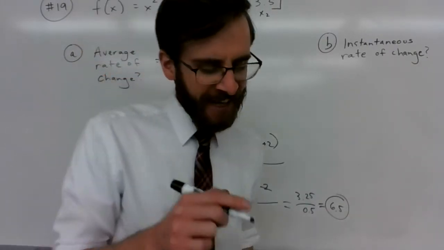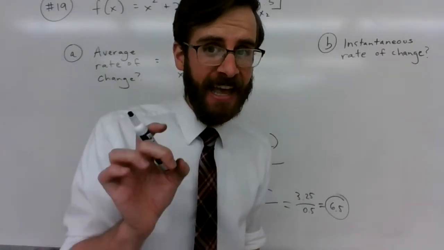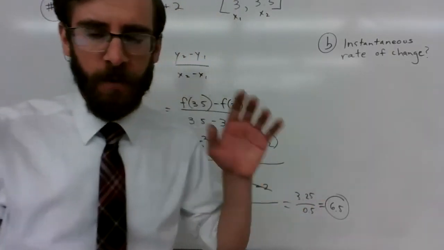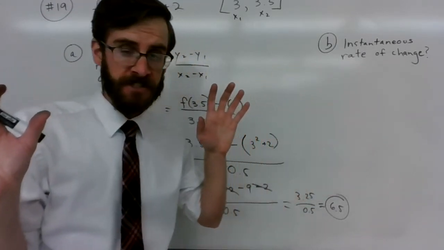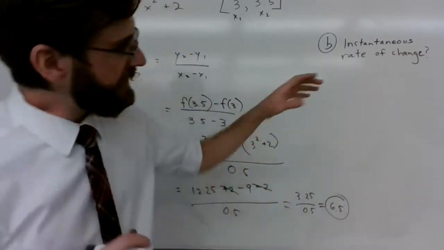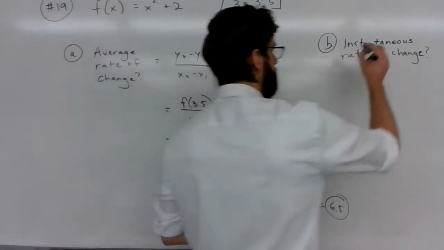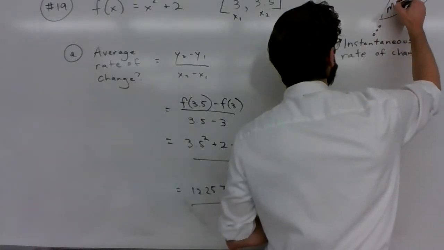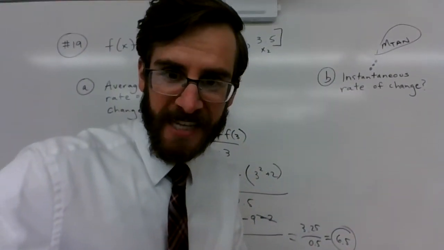Part B, find the instantaneous rate of change of y with respect to x at the left endpoint of the interval. If you remember, I talked about the secant line and the tangent line as similar to the average rate of change and the instantaneous rate of change. So when you see instantaneous rate of change, you're thinking m tan.